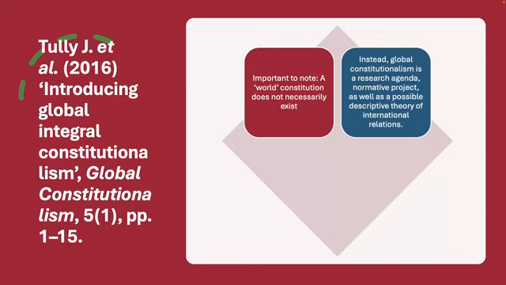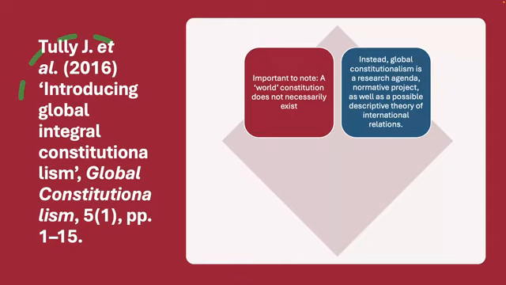Instead, then, global constitutionalism as a research agenda, as a normative project, or as just a descriptive framework of how we can describe the world, views global governance as undergoing, or as capable of undergoing, or as ought to be undergoing, a sense of constitutionalization, an idea that we embed constitutional type structures beyond the nation state.